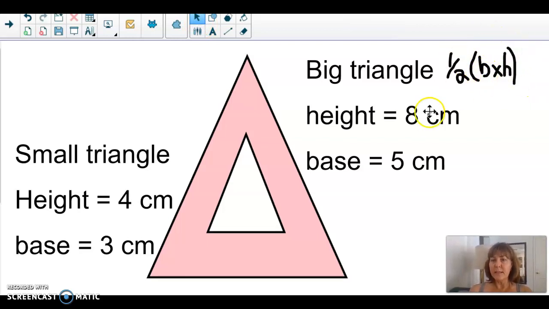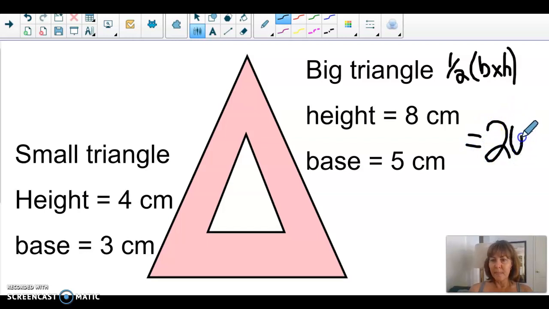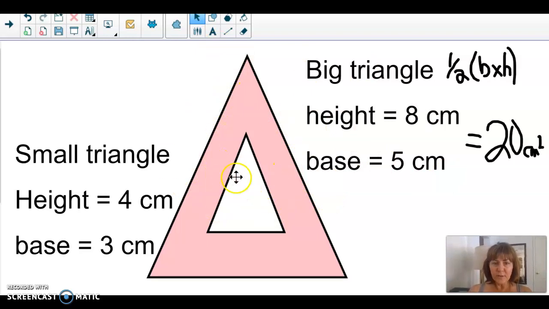That's in parentheses. So we know that 8 times 5 is 40. So the base times height is 40. Half of 40 is 20. So that I can actually just do in my head. So I'm going to say this is 20 centimeters squared. Don't forget the fact that this is squared. This is area. It's all squared. Okay, so that's this whole big triangle.